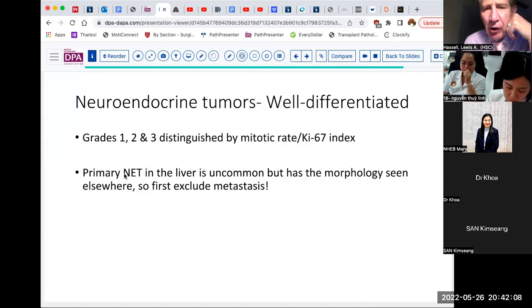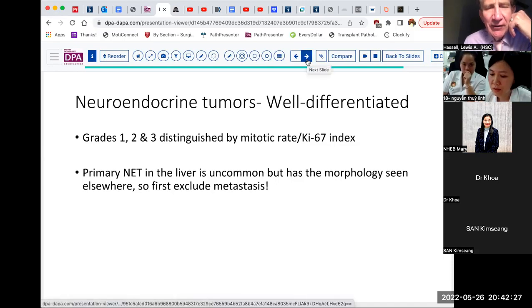So if you see a neuroendocrine tumor in the liver, most likely it's metastatic from the pancreas, from the large bowel, but it is possible that it could be a primary tumor. But I'd want to make sure that they've been thoroughly examined with radiologic studies to make sure they didn't have a tumor somewhere else.